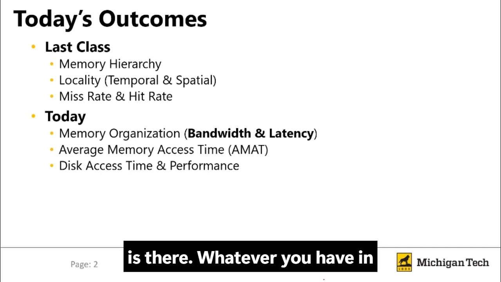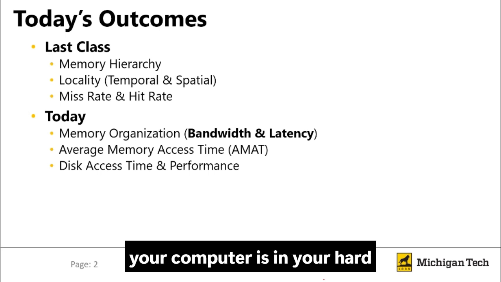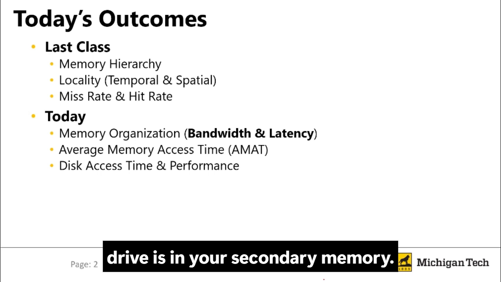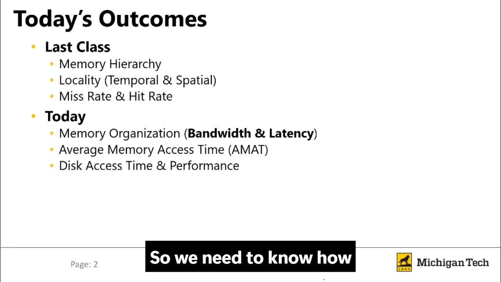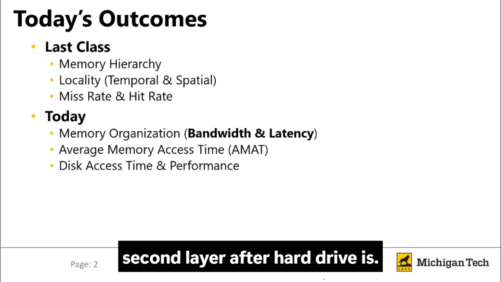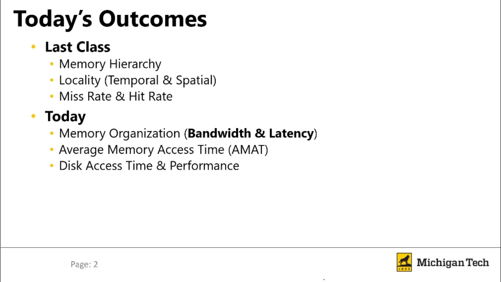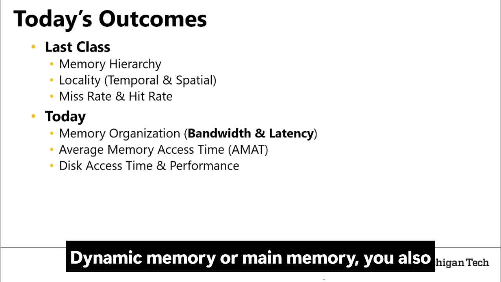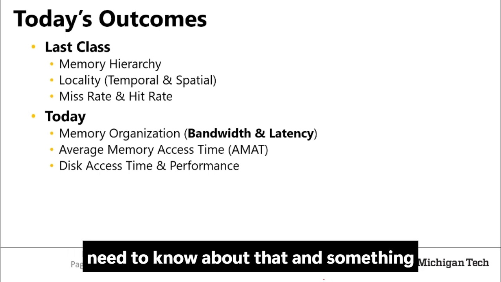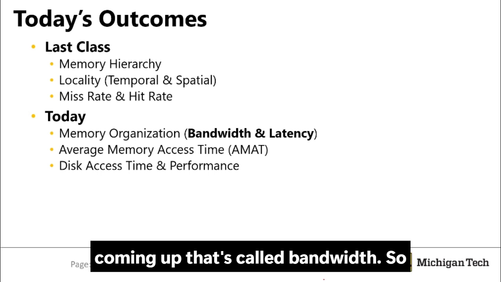Whatever you have in your computer is in your hard drive, in your secondary memory. So we need to know how that works a little bit. Also, the second layer after the hard drive is dynamic memory, or main memory. We also need to know about that, and something coming up called bandwidth.